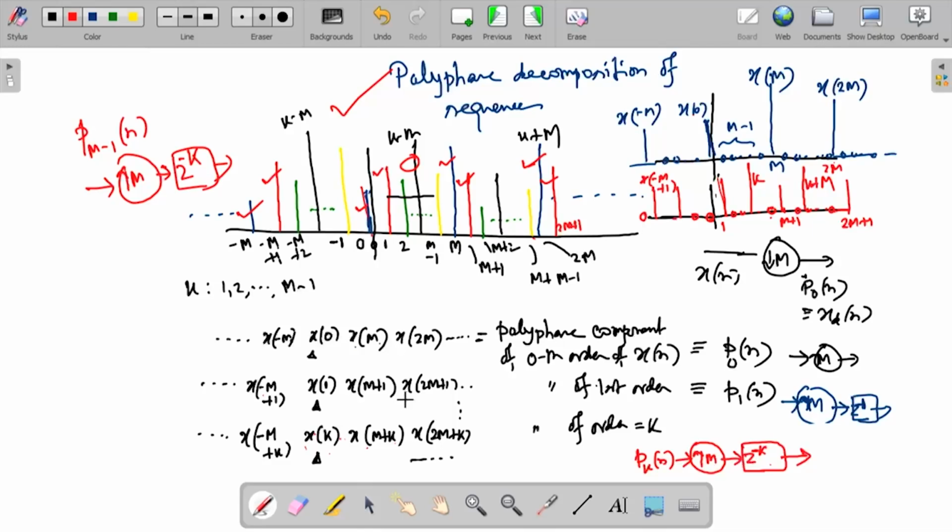Same you do here, same you do here, and then add, you will get back easily this one. Okay. Every sample will come back to its original place, one will not overlap with or interfere with the other, whole sequence will be constructed.